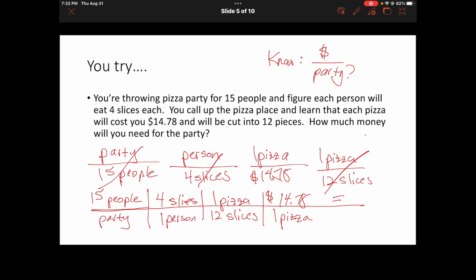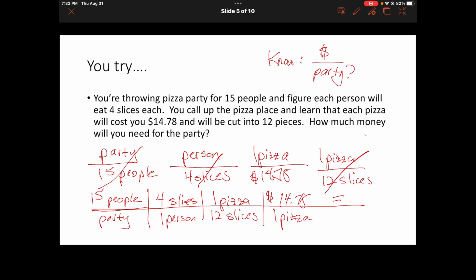All right, it's a little messy, I'm sorry. Okay, so we take 15 people times 4 slices divided by 12 slices per pizza times $14.78. And it's going to cost us, I did not do that correctly. Hold on. Something happened.